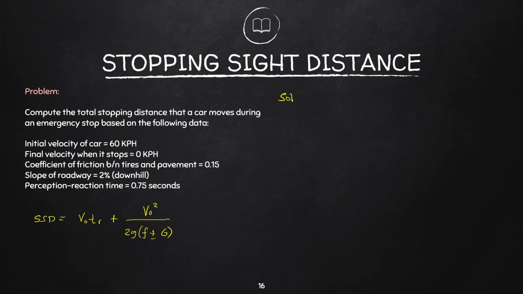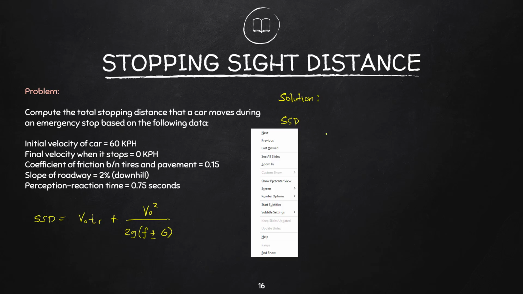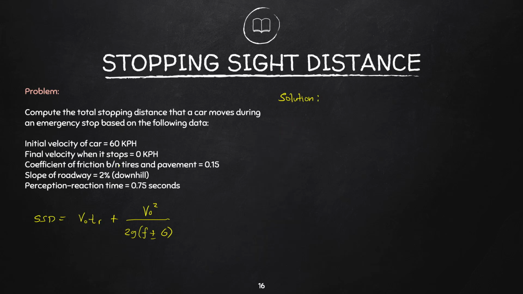So the solution for this one should be SSD equals V₀TR plus V₀ squared over 2g times f plus or minus g.